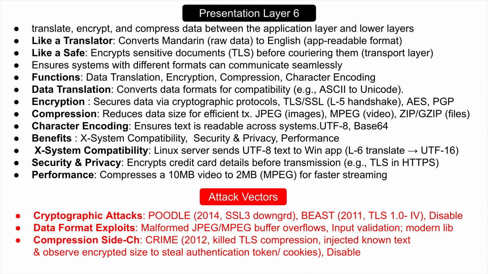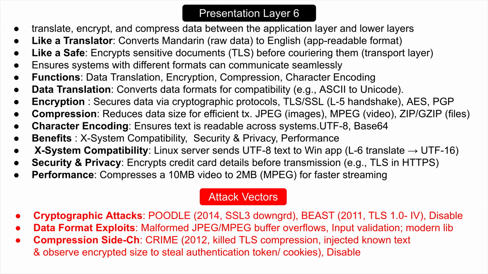Then there are certain attack vectors related to compression, and these are side channel attacks. For example, the CRIME attack was launched in 2012, and it actually killed TLS compression.